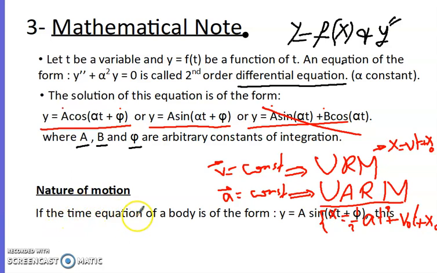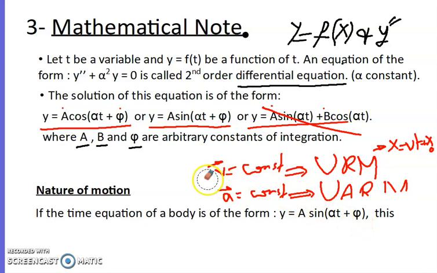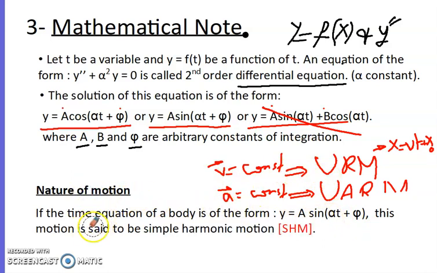If the time equation of a body is of the form A sine alpha t plus phi, or a cosine, the same, doesn't matter, then the motion is said to be simple harmonic motion. Simple harmonic motion, okay?